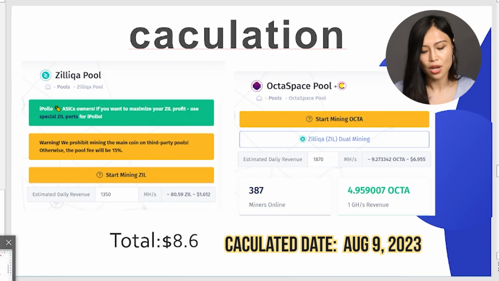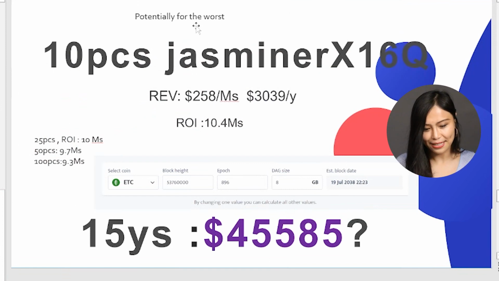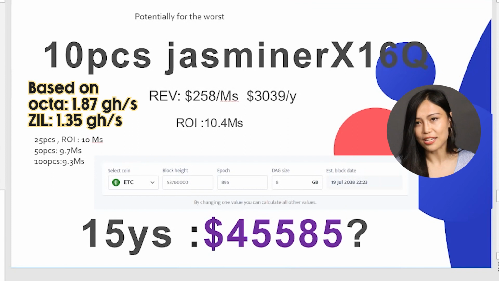I haven't even counted the exciting one that is approaching 2000 meg hash per second. Here is the calculation. Remember that data. So potentially for the worst, I don't want to give you really large hope and break it. So let's just stay in a normal way and then dream big.